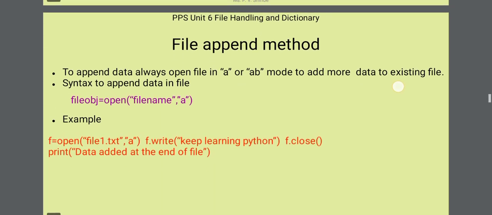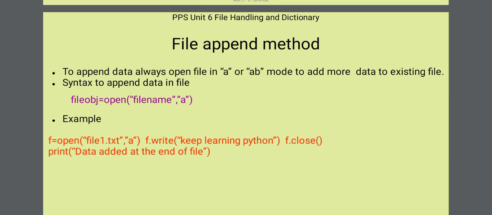Next one, the append method. To append data, always open the file in A or AB mode to add more data into the existing file. Syntax: file object equals open, file name, comma, A. For the append function, the file should already exist; you cannot use a newly created file for append.